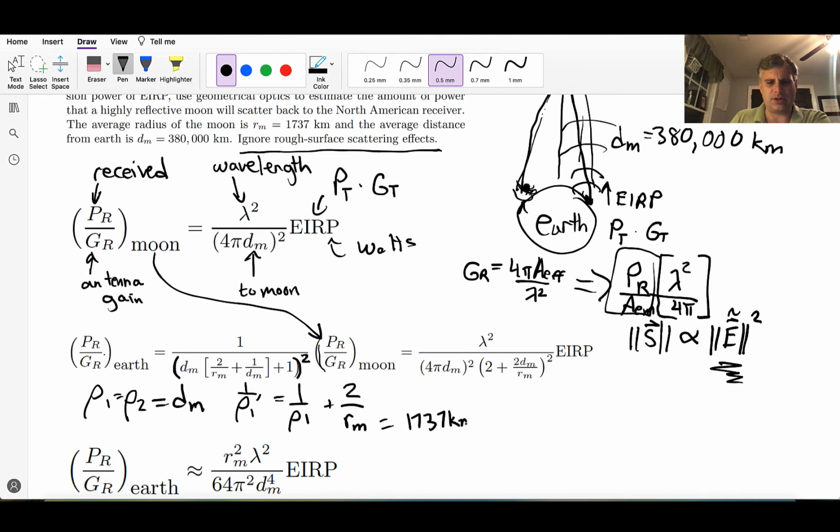1,737 kilometers. Of course, if we want to work this in SI units, we have to convert that to meters. So don't forget to do that in all these examples. So when I plug that back in, this is what I get from the equation from the previous page. My incident energy, proportional to field strength squared, is now going to fall off by this kind of crazier amount. It will be a spherical wave still.